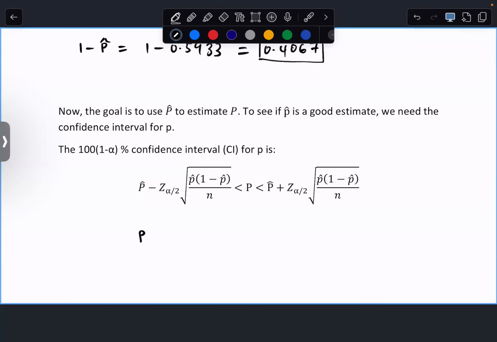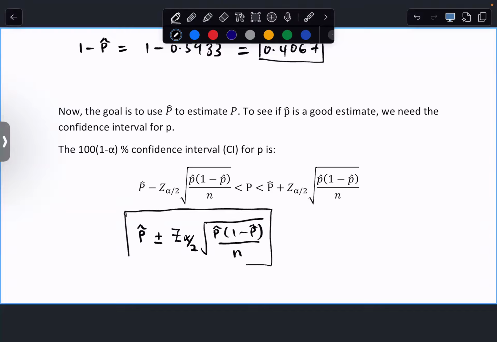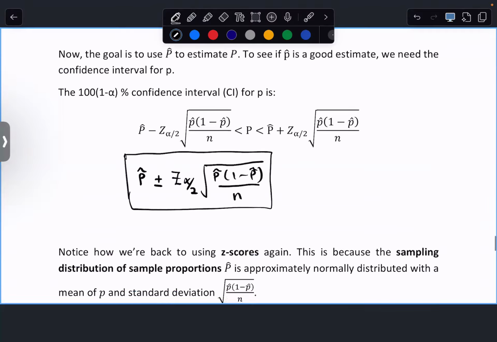This is the same as p hat plus or minus z alpha on 2 times the square root of p hat times 1 minus p hat divided by n. So this is the same thing. This is the compact form. All we need to do is find our sample proportion and find our z critical value.